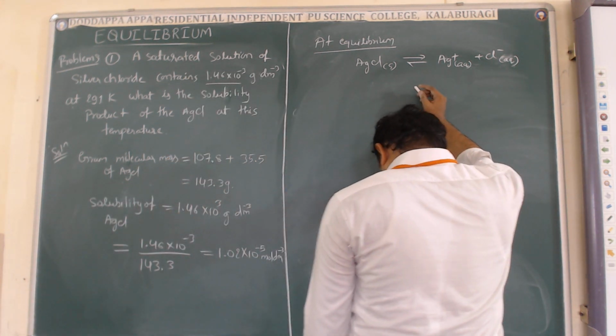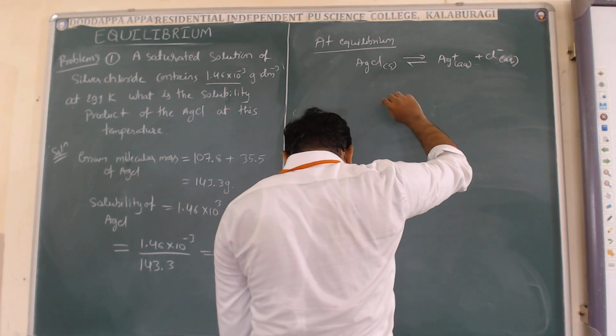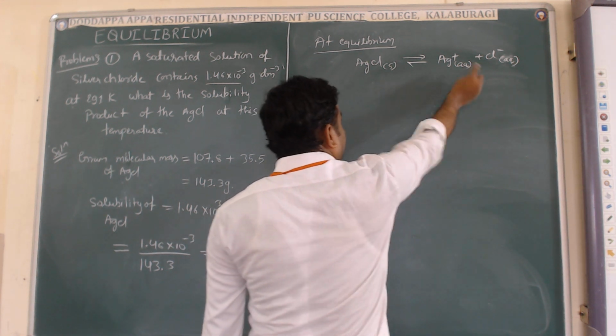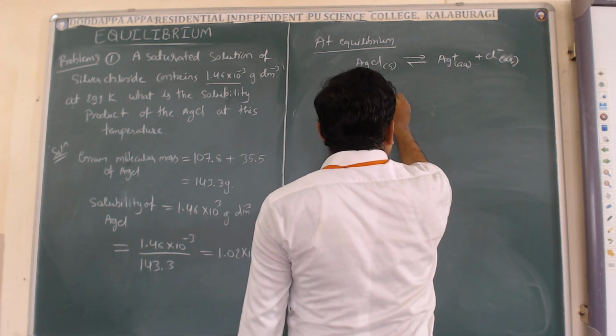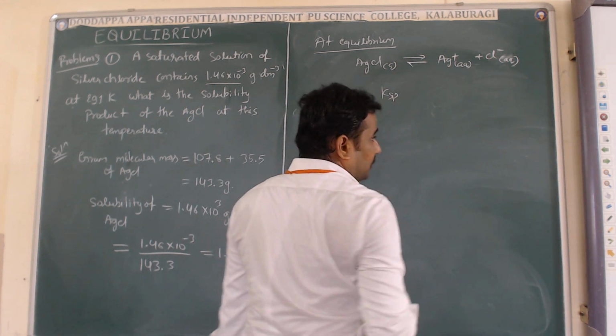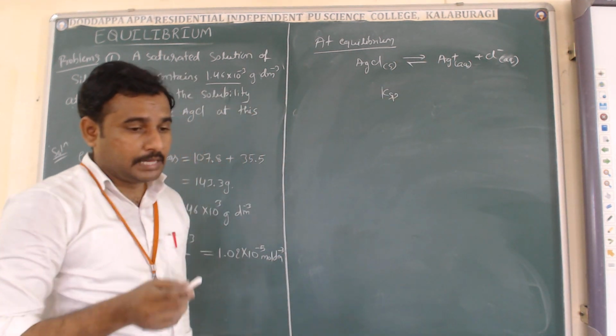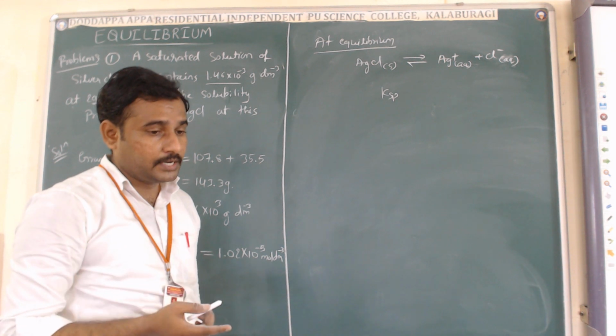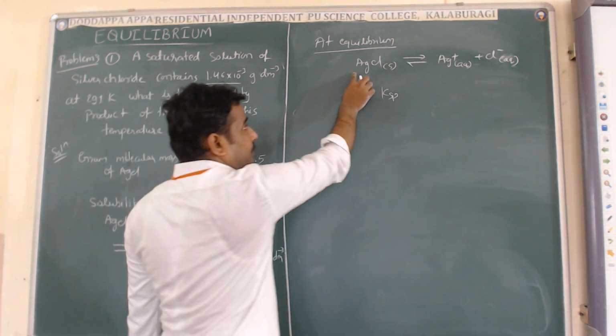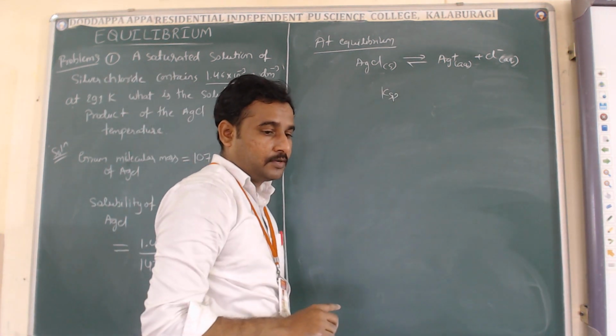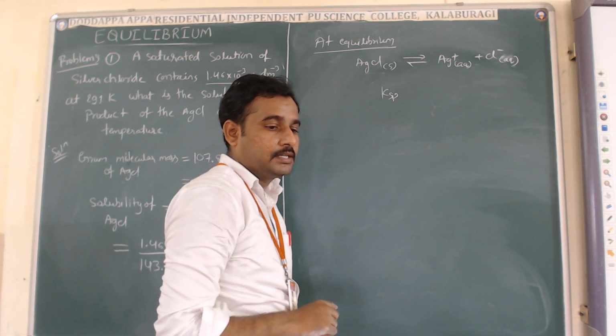Next, the Ksp for this one. Which type of salt is this? AB type, AB2 type, or A2B type? When you see this, it is an AB type of salt, as in the example I have given. So AgCl is an AB type of salt.